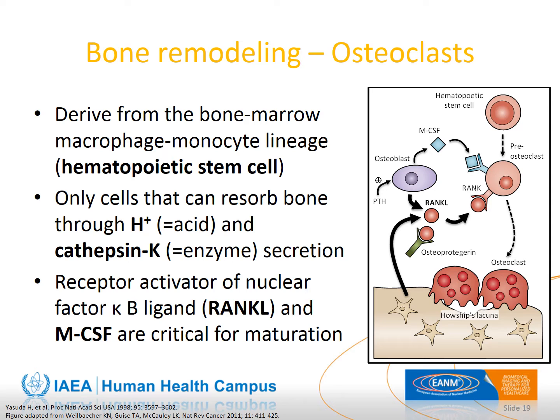They are the only cells in the human body that can resorb bone through secreting acid and the digesting enzyme cathepsin K into the space between the cell-bone interface, known as the Howship lacuna. Osteoclasts are heavily dependent on 2 cytokines for differentiation. First, the receptor activator of nuclear factor kappa B ligand, or RANKL, and the second, M-CSF.